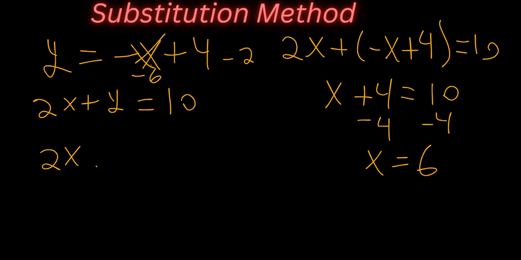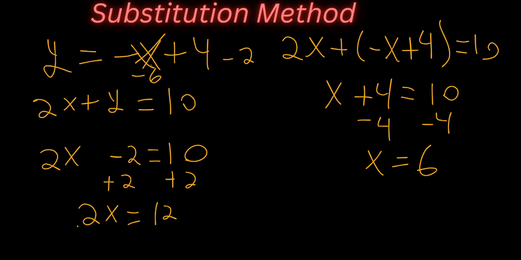We can also check with 2x plus negative 2 equals 10. It's negative 2, so we add 2, and we get 2x equals 12, and we divide by 2, and we get x equals 6.